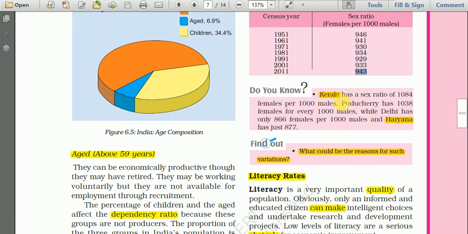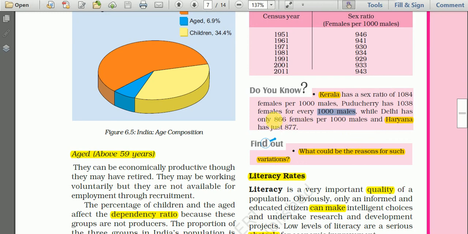One piece of information in the box here: Kerala has a sex ratio of 1,084 females per 1,000 males. That means Kerala has a favorable sex ratio, with more females than males. Puducherry, a union territory, has 1,038 females for every 1,000 males, so Puducherry also has a favorable sex ratio.